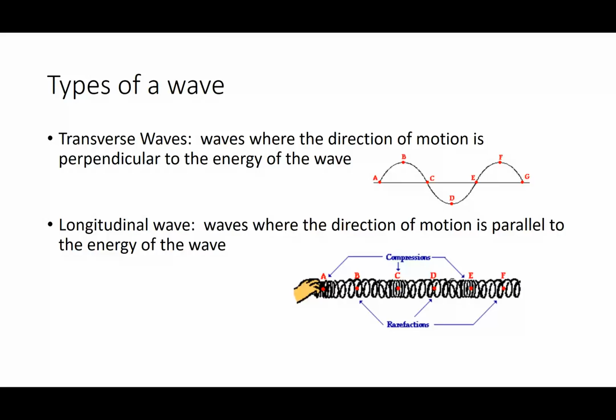And this is where the wave direction of motion is parallel to the energy of the wave. So this is like a sound wave would be considered a longitudinal wave. There are other longitudinal waves, but sound is the best example of a longitudinal wave. So we need to know the difference in how each of these waves moves through a particular medium in order to transfer energy from one area to another.